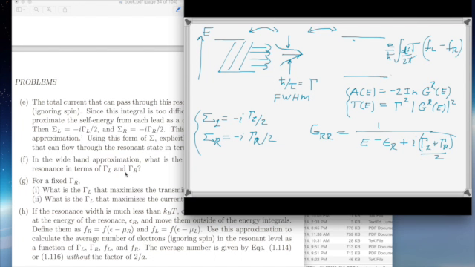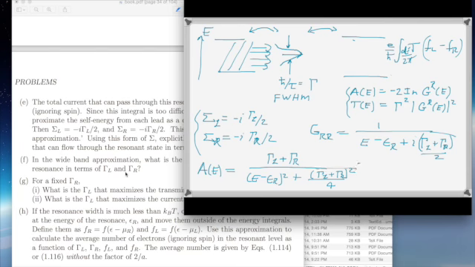And so now we can explicitly take -2 imaginary, so A of E is going to equal gamma left plus gamma right over E minus epsilon R squared plus gamma left plus gamma right squared over 4.